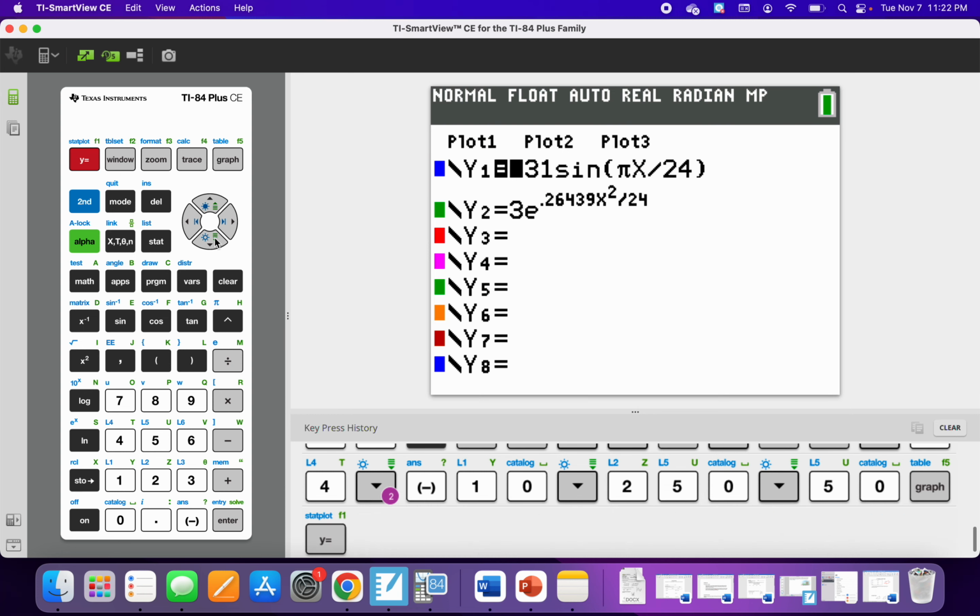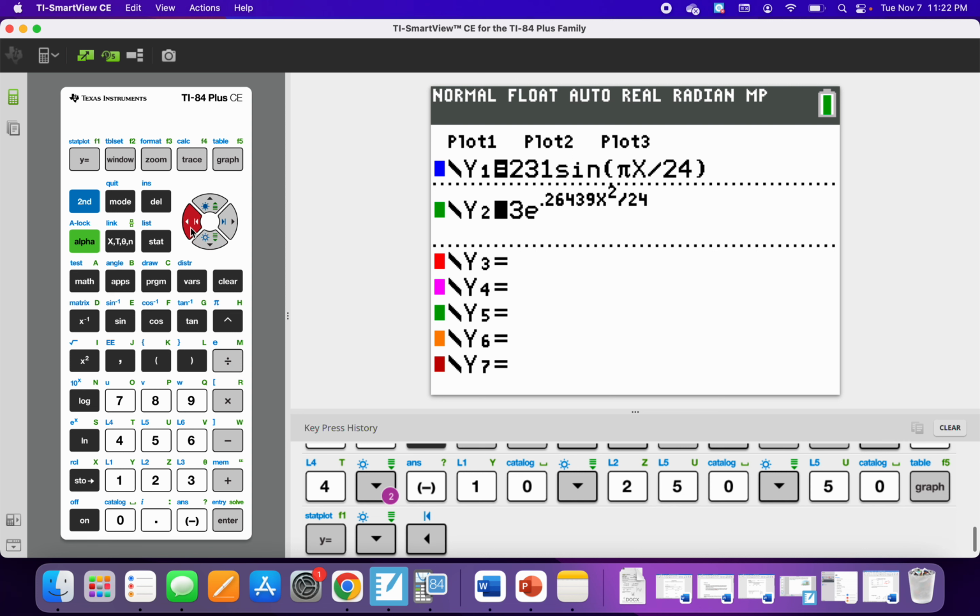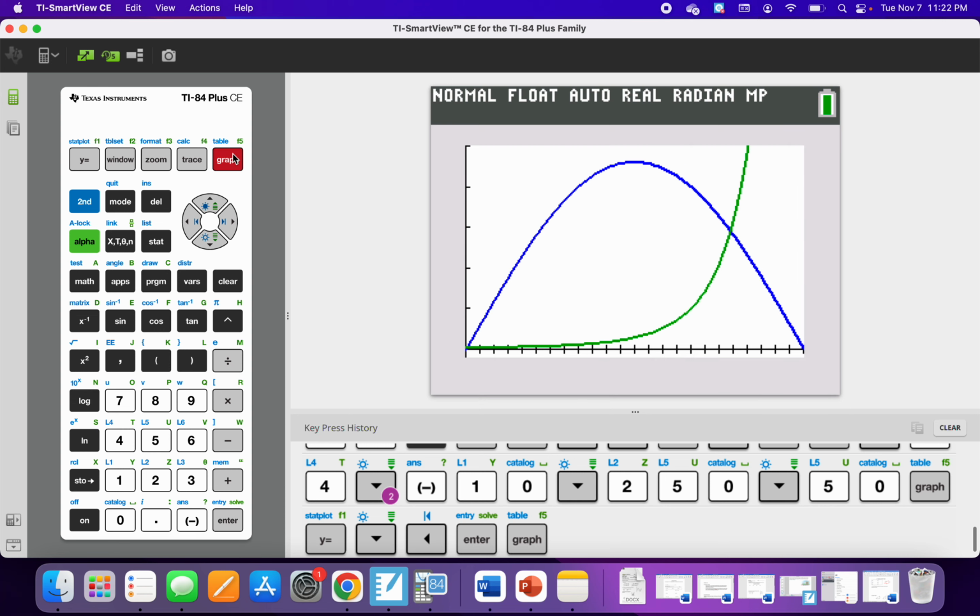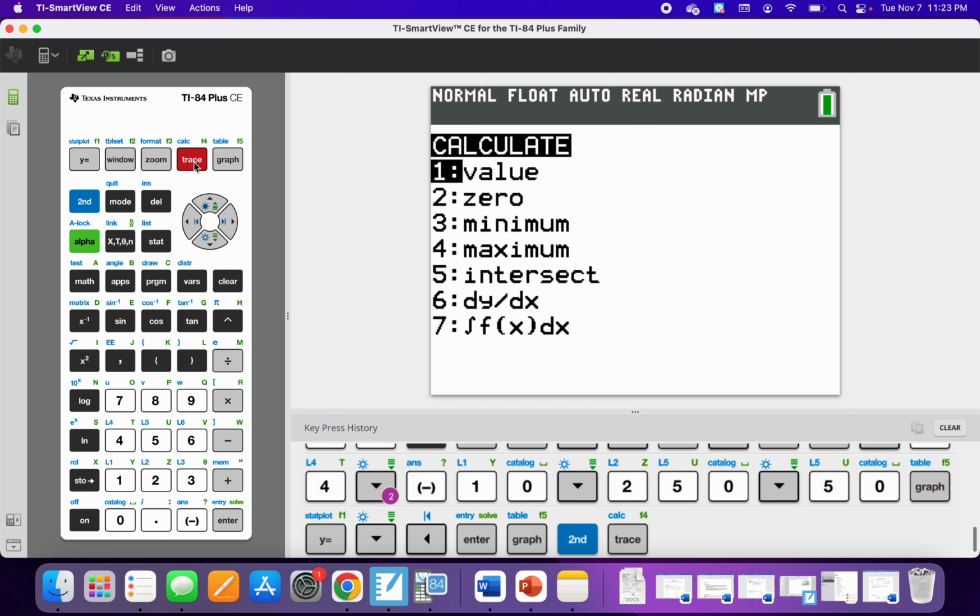So the next thing I want to figure out is, is there any time where m of t minus c of t equals 0? So now I'm going to look at the graphs together. So I'm going to turn the second graph back on. So m of t minus c of t is going to equal 0 anywhere where they're equal. So we want to look for that intersection point. That's where they're equal to each other. So if we subtract them, it would be 0.